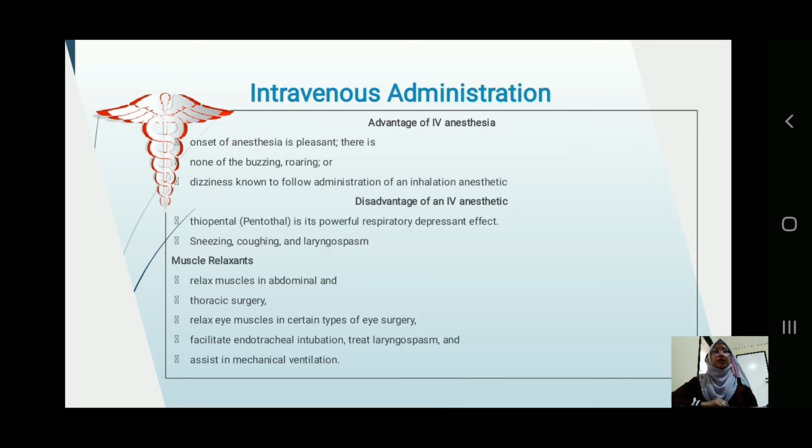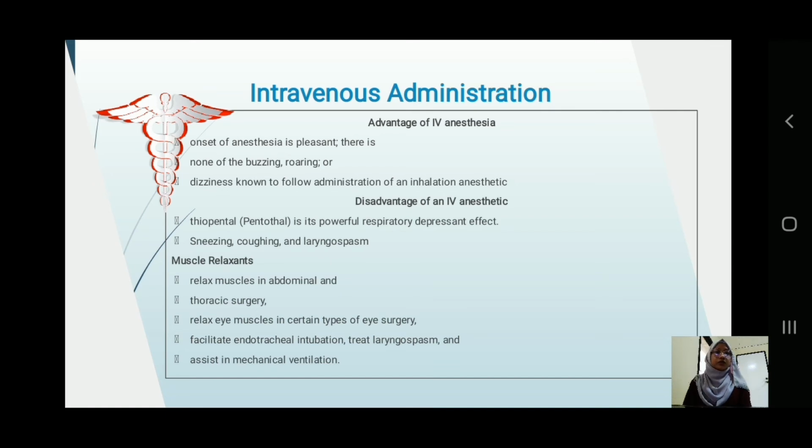So we have the administration and advantages of IV anesthesia, or intravenous line. Onset of anesthesia is pleasant. There is none of the wheezing, roaring, or dizziness known to follow administration of an inhalation anesthetic.